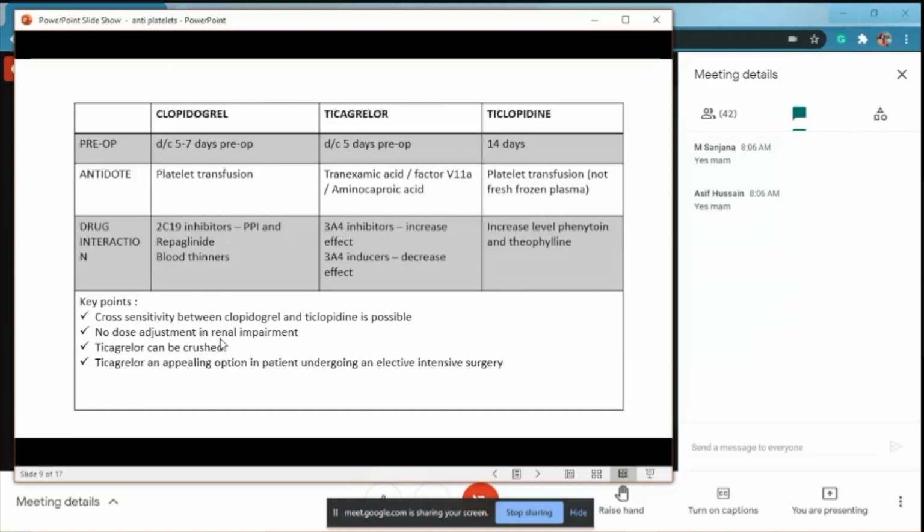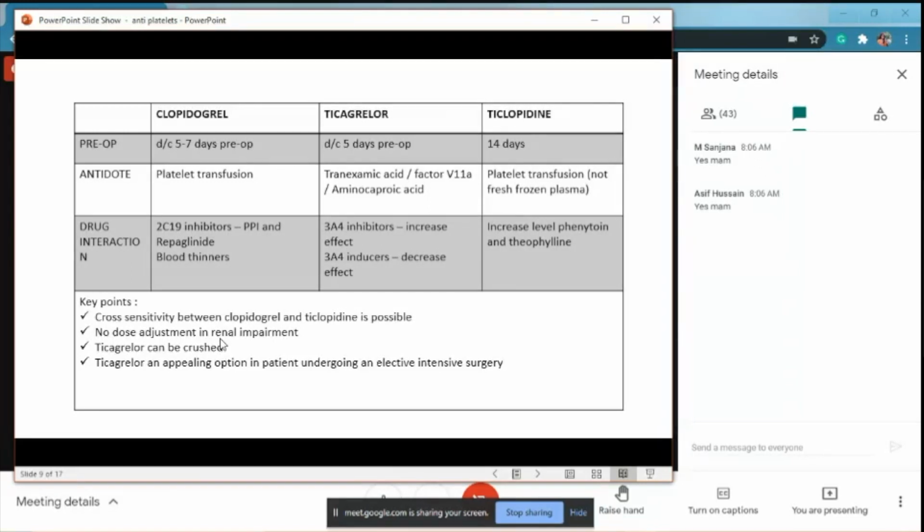So let's have a look at the most commonly used 2C19 inhibitors, like PPIs, proton pump inhibitors, and repaglinide, an anti-diabetic medication, right? So with PPIs, two things you have to remember: pantoprazole and lansoprazole seem to have less 2C19 inhibition.